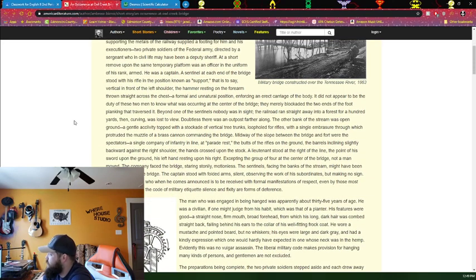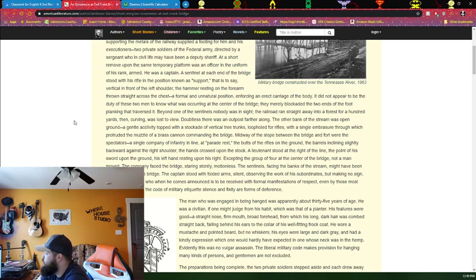A formal and unnatural position, enforcing an erect carriage of the body. It did not appear to be the duty of these 2 men to know what was occurring at the center of the bridge. They merely blockaded the 2 ends of the foot planking that traversed it. Beyond one of the sentinels, nobody was in sight. The railroad ran straight away into a forest for 100 yards, then curving was lost to view. Doubtless there was an outpost farther along.